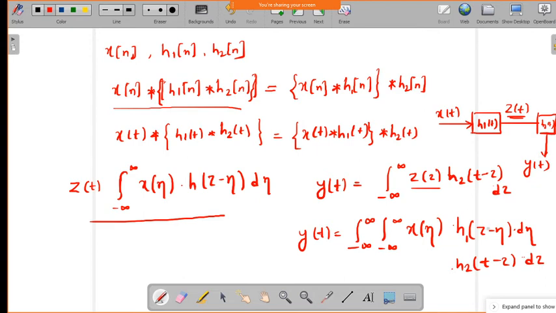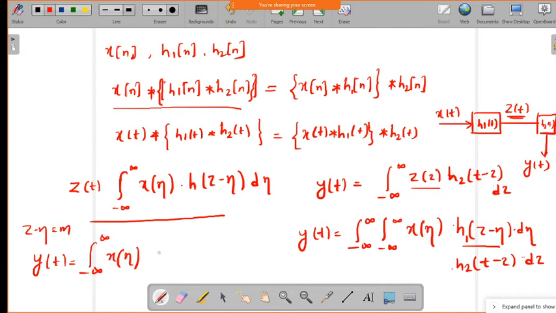So now replace t minus tau by m. Just replace this tau minus eta by m. So what will you get? You will get y of t equal to the integral from minus infinity to plus infinity. x of eta we can take out, and we need to replace tau minus eta by m.